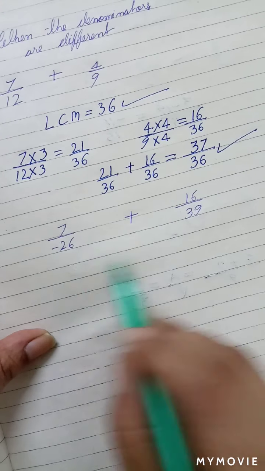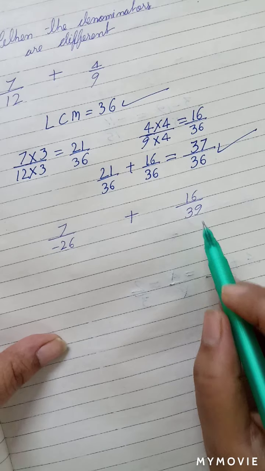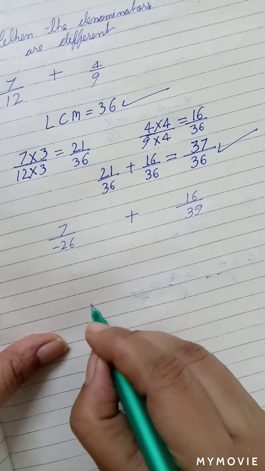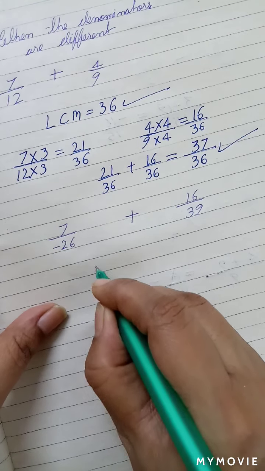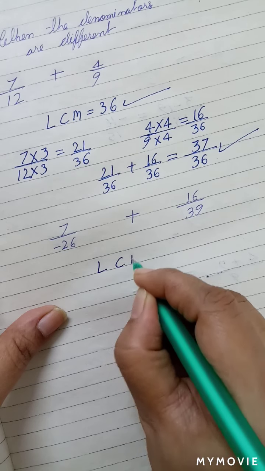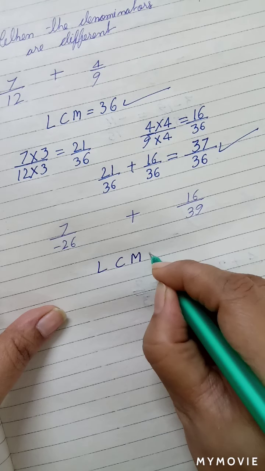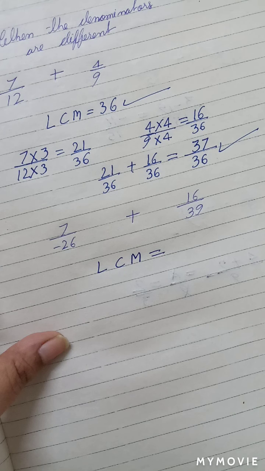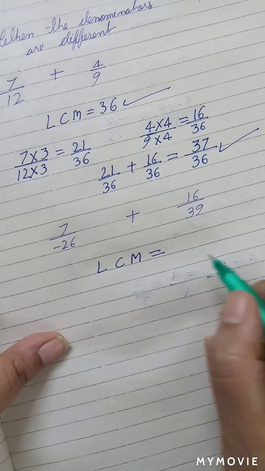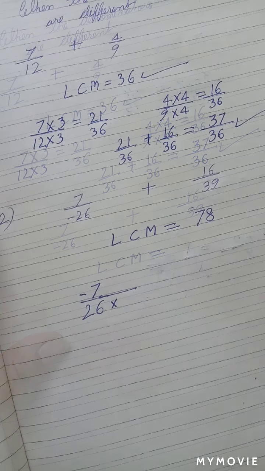We have 26 and 39 in the denominator. So what is going to be the LCM of 26 and 39? We can find out by the prime factorization method that the LCM of 26 and 39 is going to be 78.